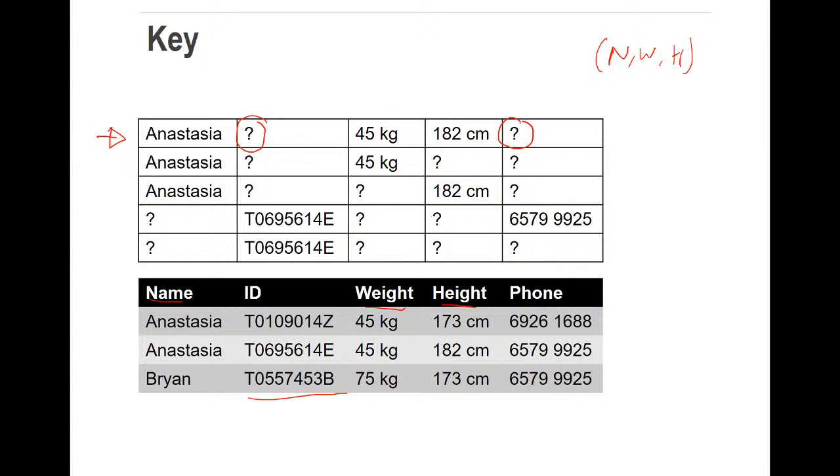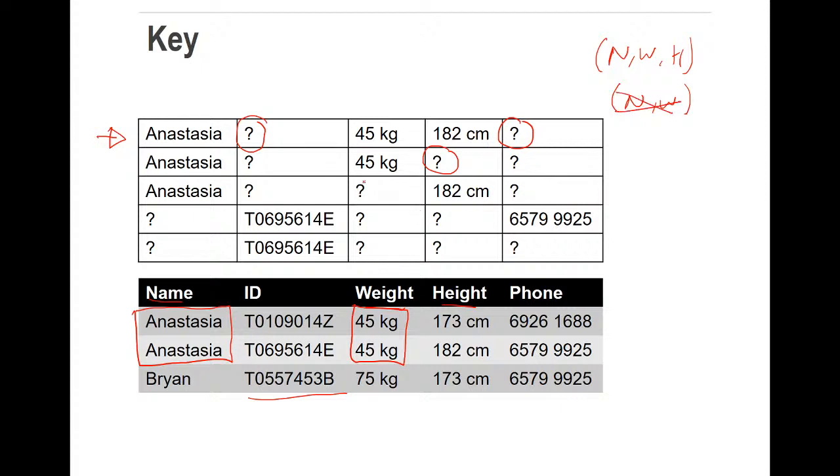But let's say I try to be more adventurous. If I'm also omitting the height, which means now I'm representing the name and the weight only, is this a superkey? Unfortunately, no, because again, the weight here can be a duplicate, and the name can also be a duplicate. So this particular set is not enough to uniquely identify the rest. So this is not a superkey.